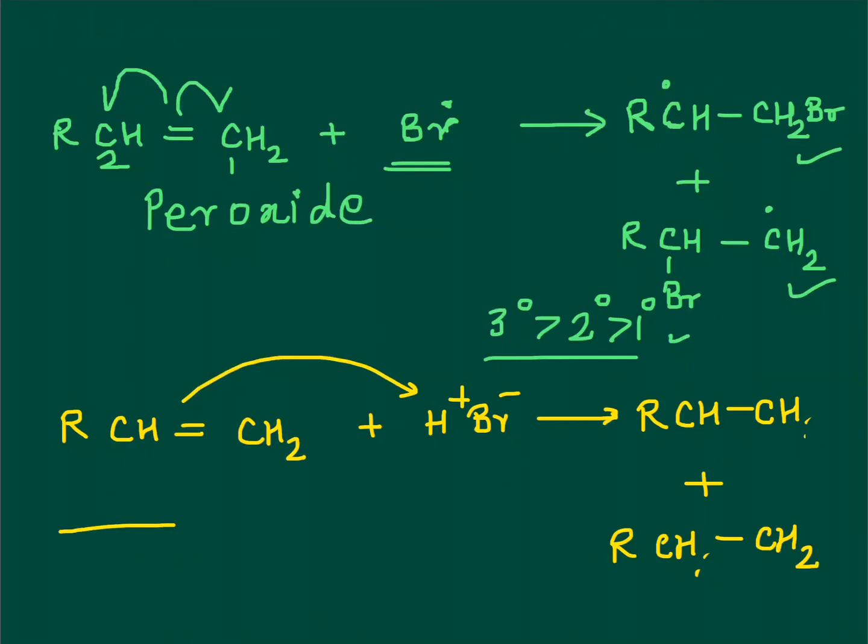Now here, this is a secondary, this is a primary. Which will be more stable? Very correct, the first one. So now what remains to be attached is the hydrogen. So the hydrogen goes to the carbon bearing lesser number of hydrogen atoms, and our product will be RCH2CH2Br, a primary alkyl halide.